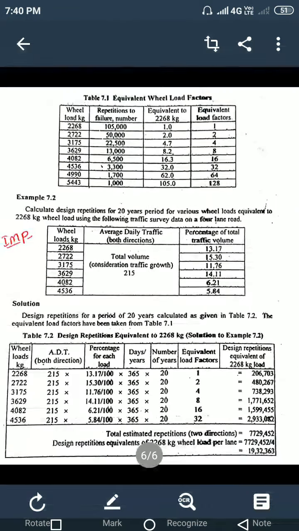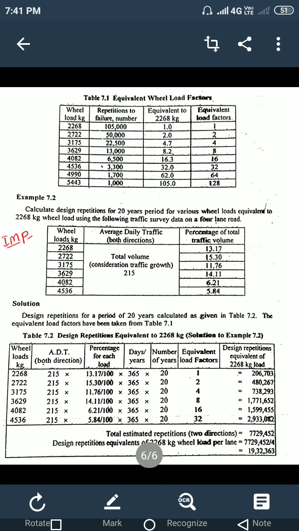By multiplying all these columns we will get the design repetitions for an equivalent load of 2268 kg. By adding all those we will get the total estimation of the repetitions in the two directions.